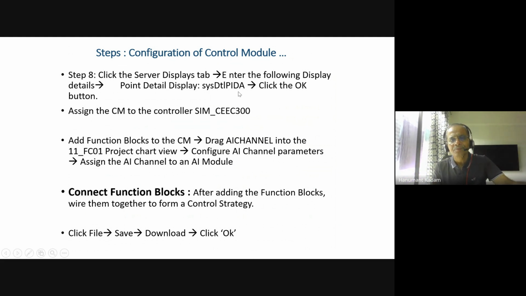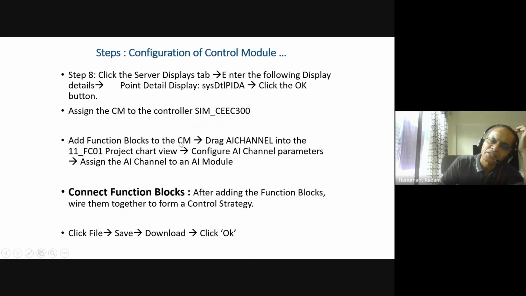Configured display means you automatically get the displays you require, like point display and detail display. These faceplates are already prepared in the backend software, and you only have to assign them, because your control module requires a detail display and point display. So once you are in step 8, link to that, assign to that, and assign the control module to the controller. Then add function blocks to the control module.